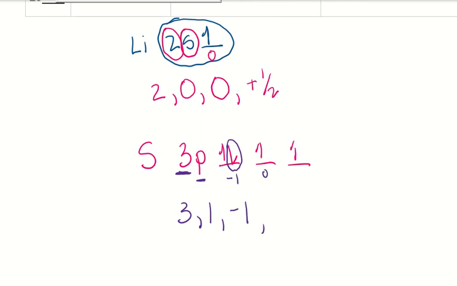And what's the spin? Spin down, so negative 1/2. But there's more spinning up, so why is that? We're filling in the last electron, so the last electron is what we are writing the quantum numbers for. So the quantum numbers for sulfur are 3, 1, negative 1, negative 1/2.